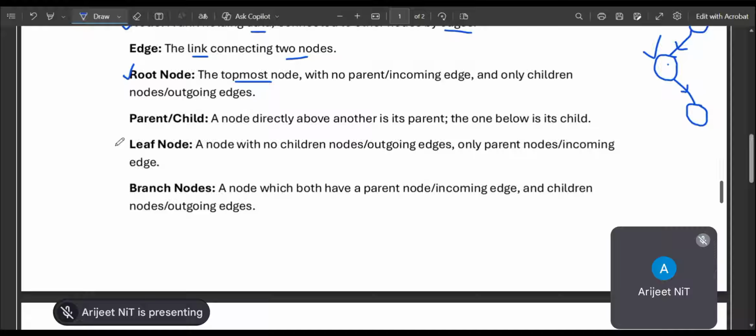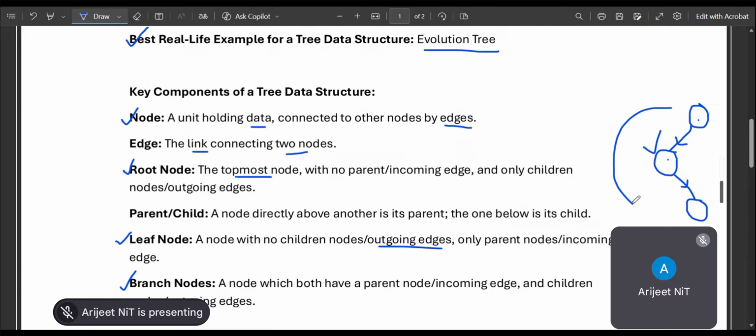Then comes the leaf node, a node with no children, that is no outgoing edges, and only a parent node, that is an incoming edge. The epilogue of our story, the ending with no more continuation, is the leaf node. Then comes the branch node. A branch node is something in the middle, which has both a parent node, incoming edge, and a child node, outgoing edge.